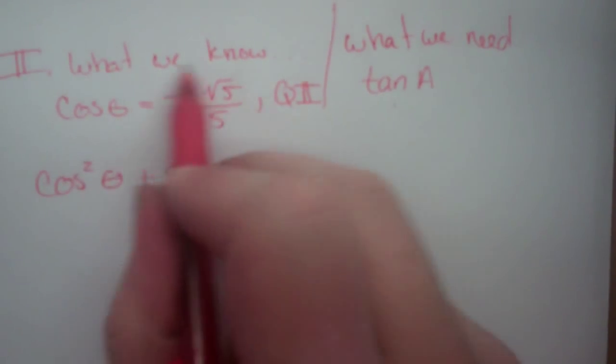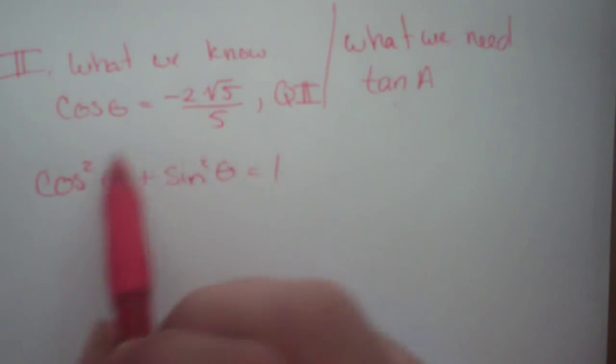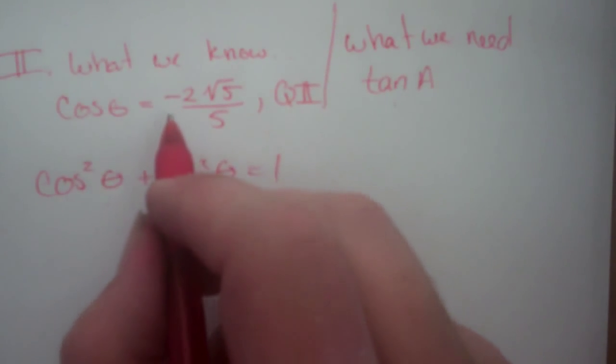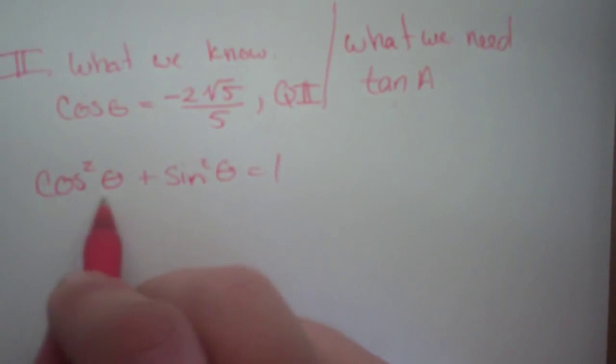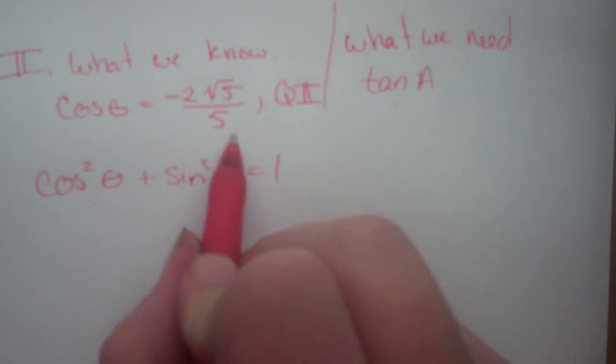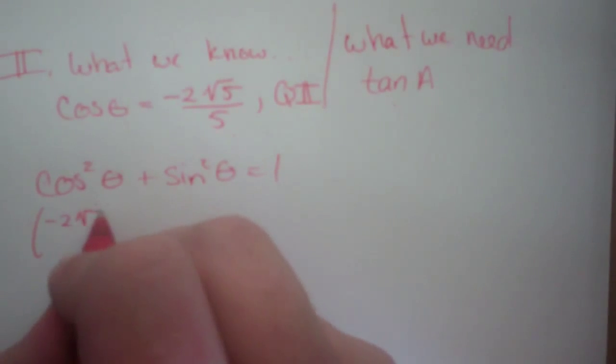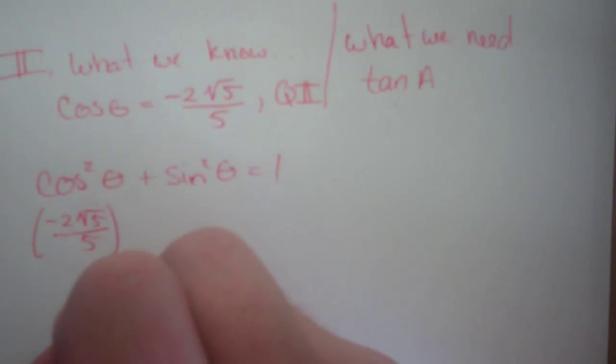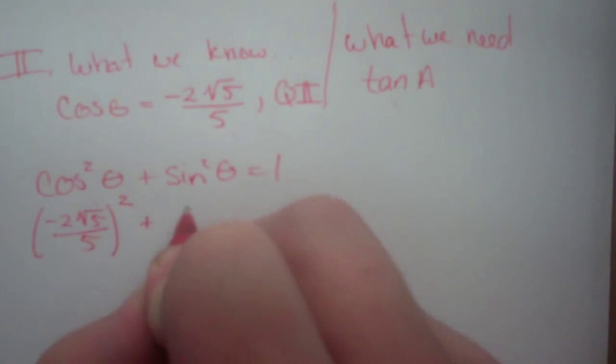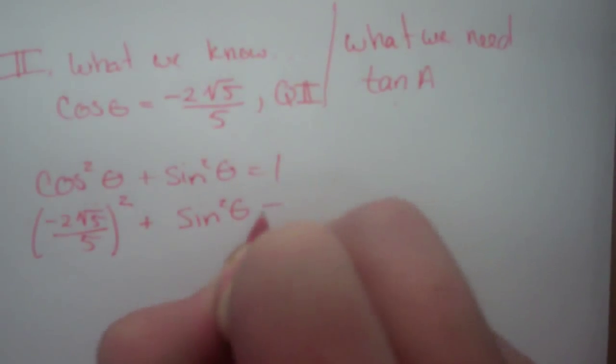So let's substitute in what we know. After all, trigonometry is one big exercise in substitution. So I'm going to replace this cosine with negative 2 radical 5 over 5. So here this is negative 2 radical 5 over 5, and we have to square that, plus sine squared theta is equal to 1.